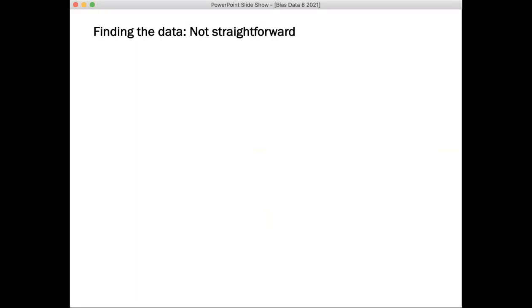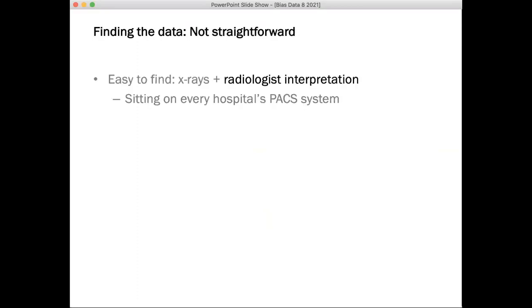Now, finding the data for this kind of thing is unfortunately not straightforward. It's very, very easy to find data sets, and you can find these online, of x-rays linked to what a radiologist would have said about that x-ray, because those data sit in the same place in the hospital computer system, and because in general, we do a much better job of capturing what doctors say about patients than what patients say about themselves.